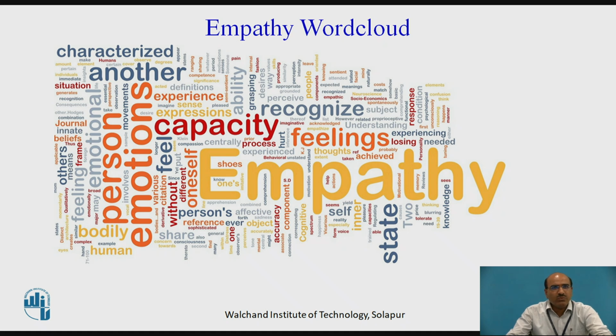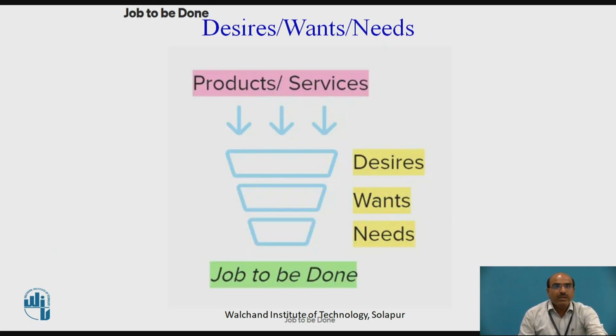All these words around empathy, we can comprehend in a single empathy word cloud, which gives you an overview of how many categories of empathy we are going to handle in the future course of time.